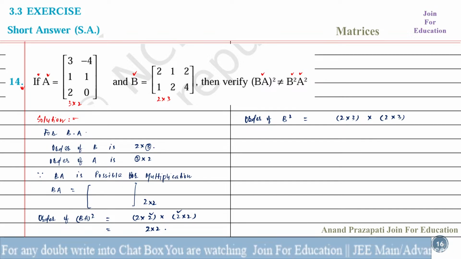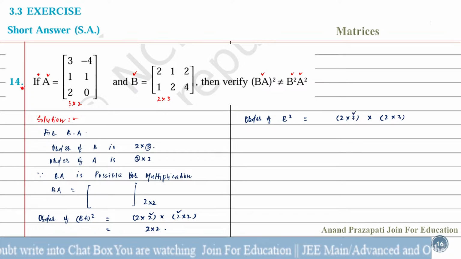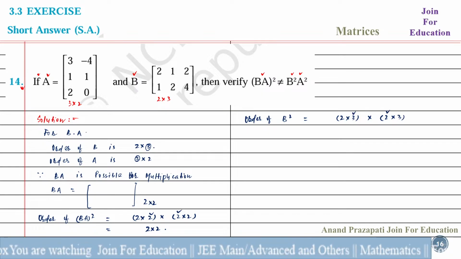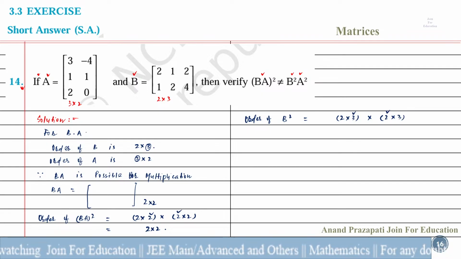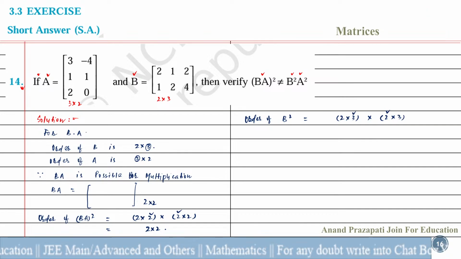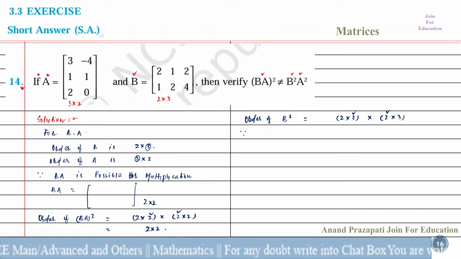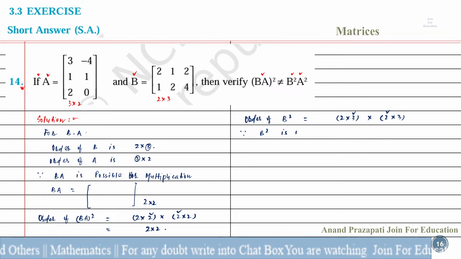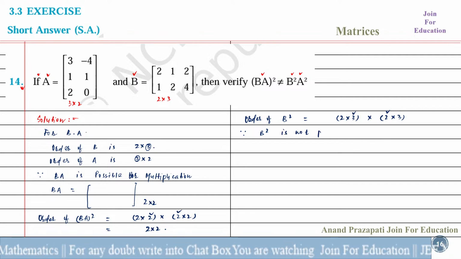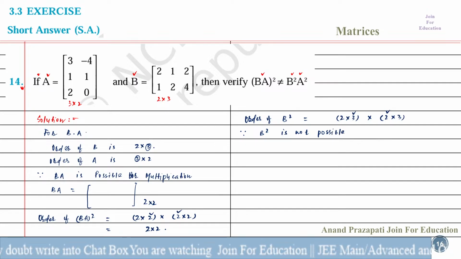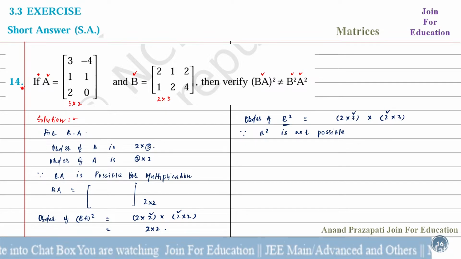If you consider about here, then number of column is not equal to number of row. Therefore, what? B square is not possible. Let's listen once again to this one.